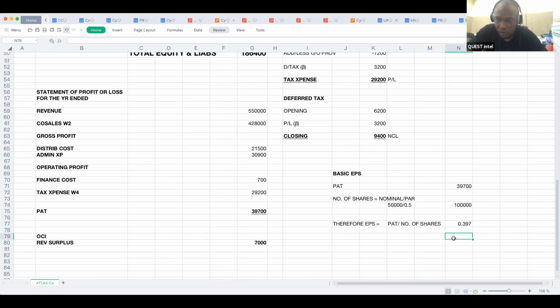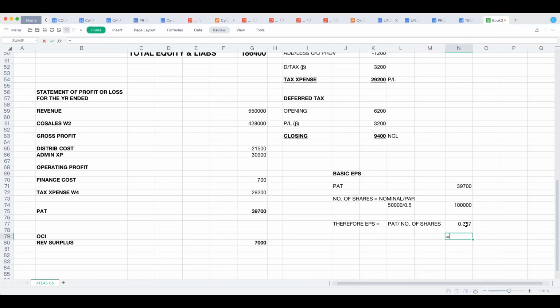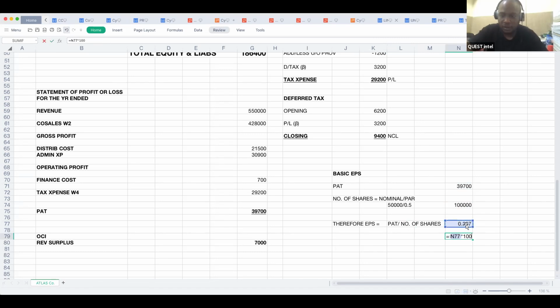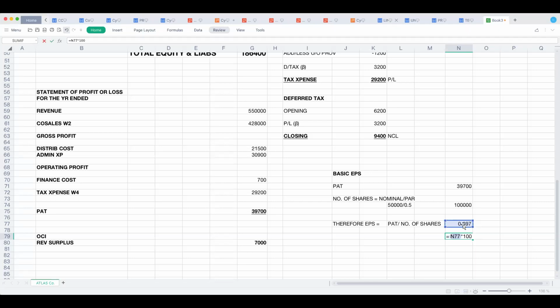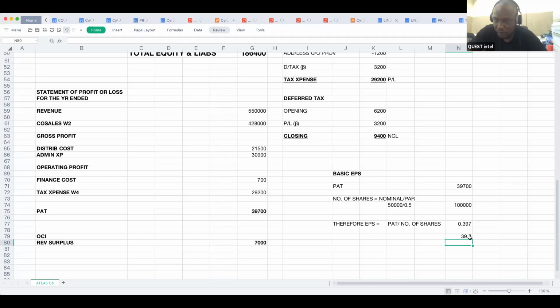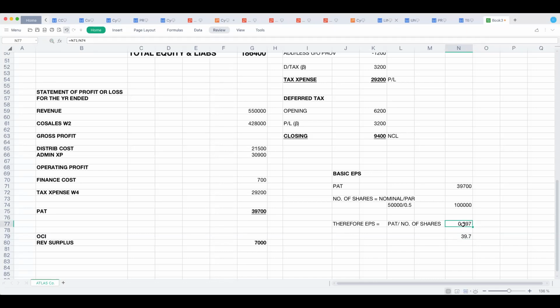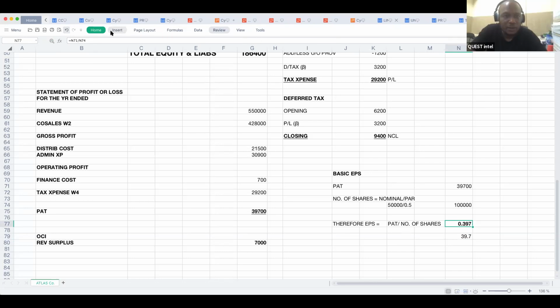If I want to make it in cents, because this is in dollars now, it will be multiplied by 100 to make it in cents. Do you get what I said? Yeah. All right. So this is in dollars.